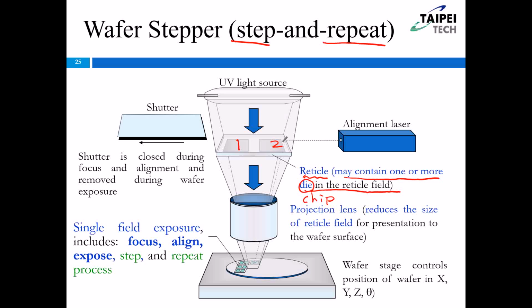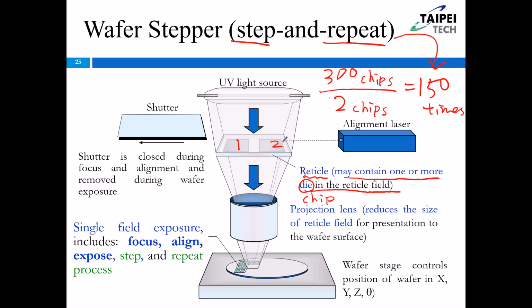Because one time I can only expose 2 chips, but for one silicon wafer, I assume we have 300 chips. So I need to do the step and repeat at least 150 times, right?